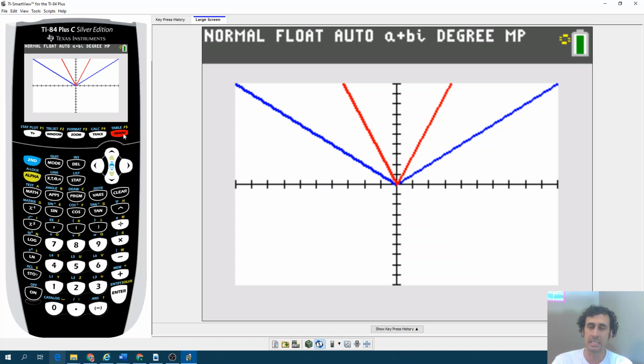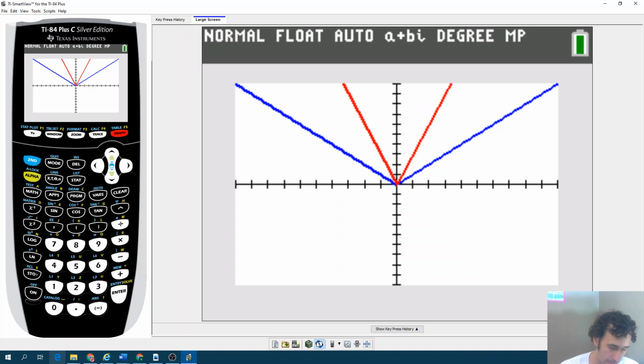We notice the line is steeper. It's kind of like a slope. That positive number, that value, changes the slope of our line. So now, instead of our parent function having a slope of 1, our graph now has a slope of 3.